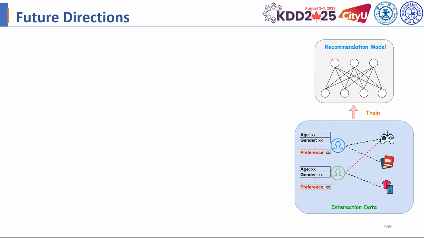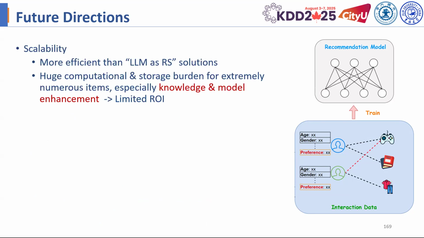Also, there are still some problems for LLM ERS frameworks. First, compared with LLM as RS solutions, LLM ERS is very efficient. However, for some practical scenarios, it may contain billions of items.